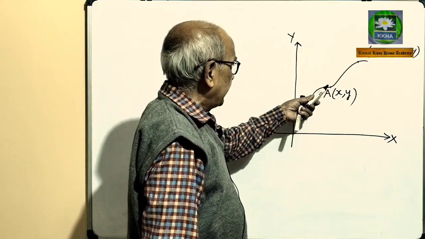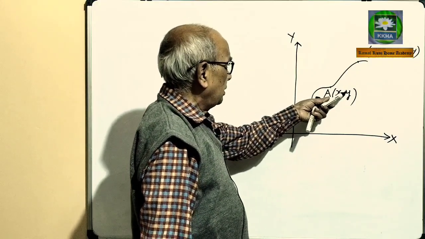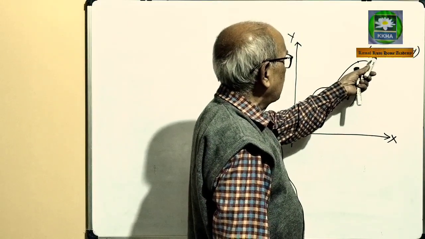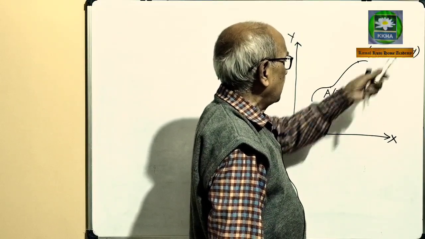Coordinates at time t are x, y and coordinates after time t plus delta t are x plus delta x, y plus delta y.